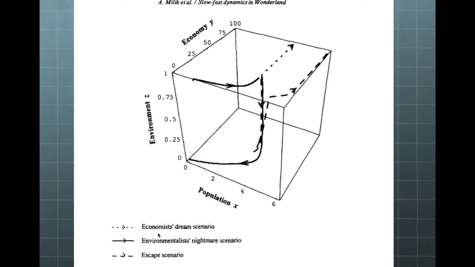If you look at the first one, the economist's dream scenario, it's the dotted line scenario. It's a little bit confusing to see, but it's a scenario that ends up with a lot of production, with a stable population and a stable natural capital.